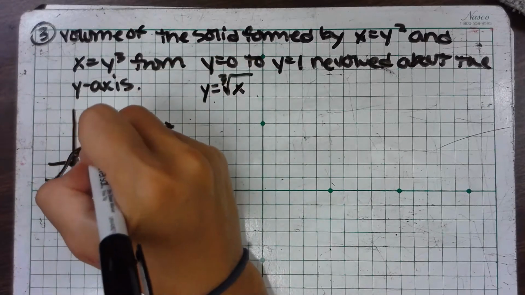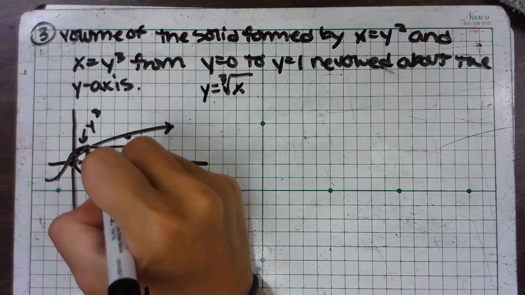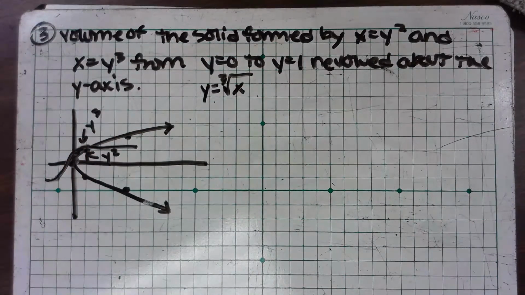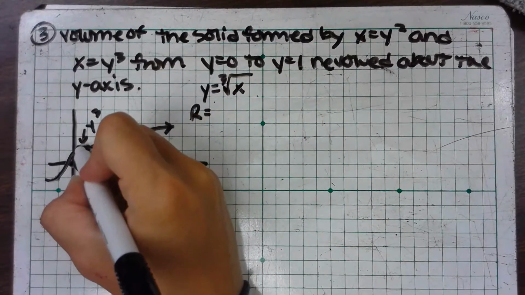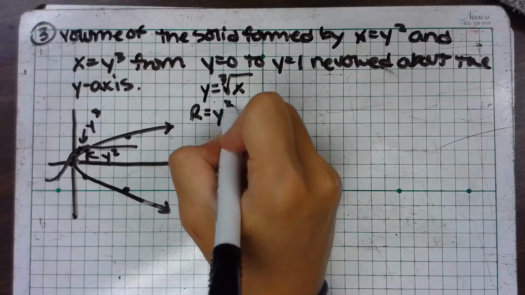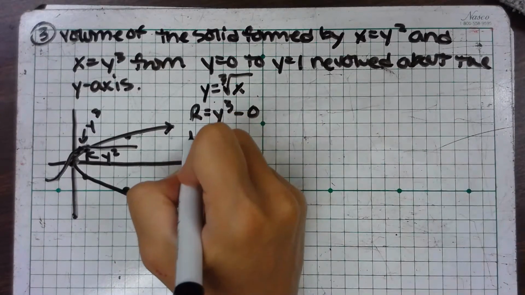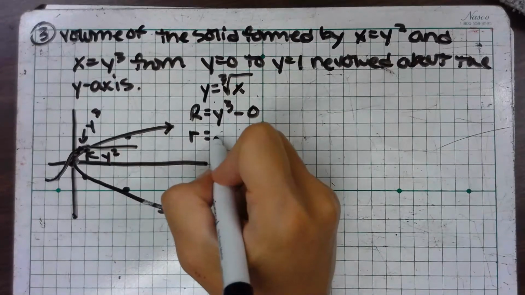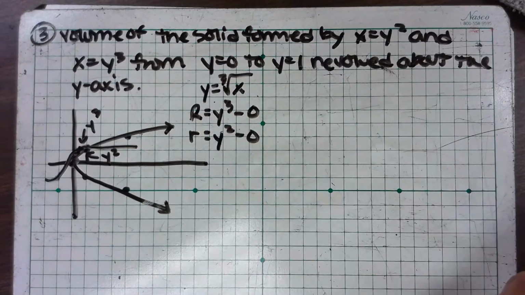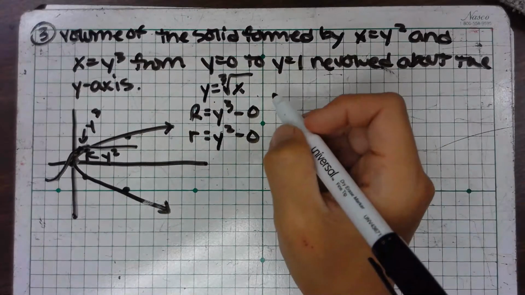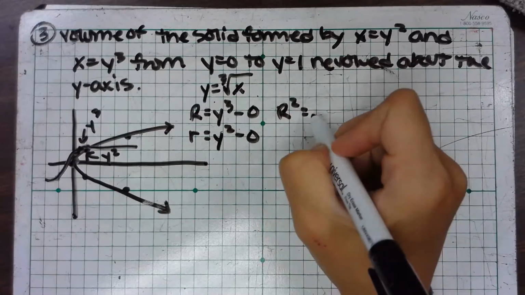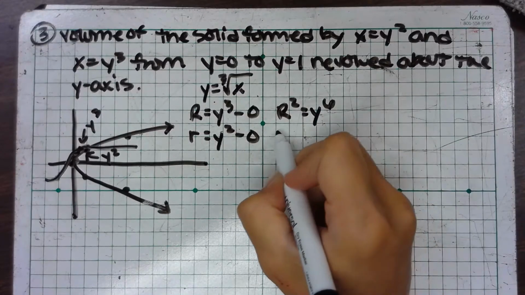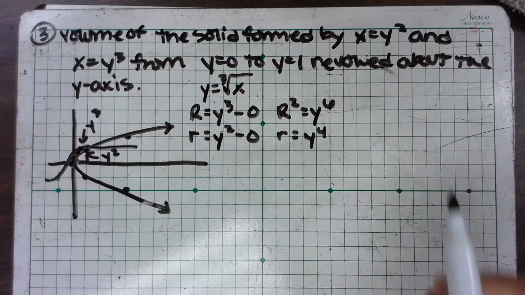The y cubed is on top and the y squared's on bottom. All right, so here we go. Big R is going to be the top, which is y cubed minus the axis of rotation. Little r is going to be y squared minus the axis of rotation. All right. Now, when I go to square it, that's just going to be y to the 6th. This is going to be y to the 4th.